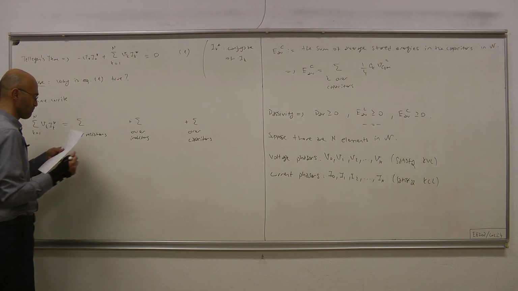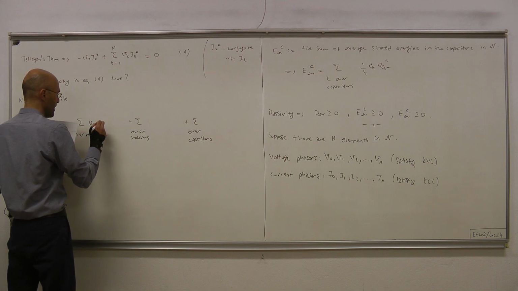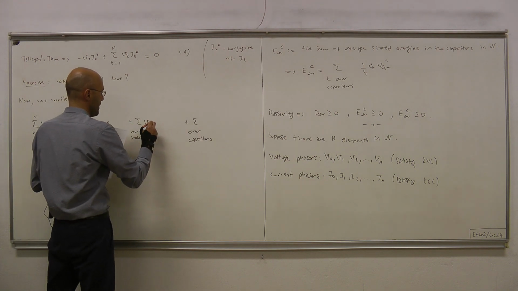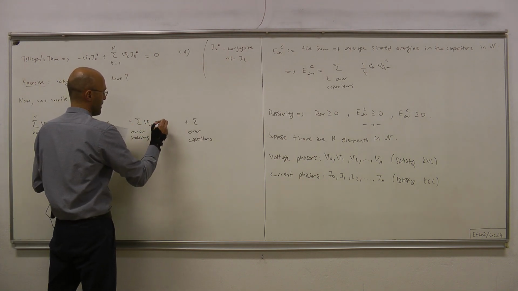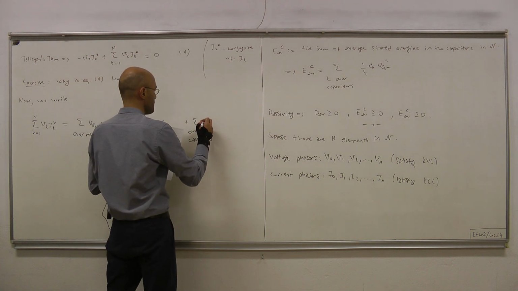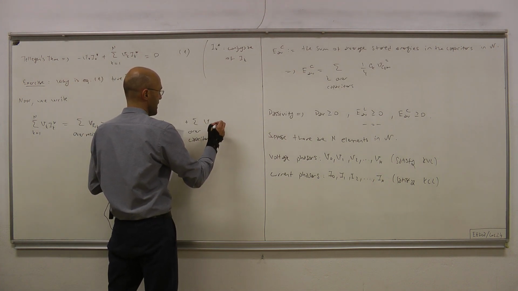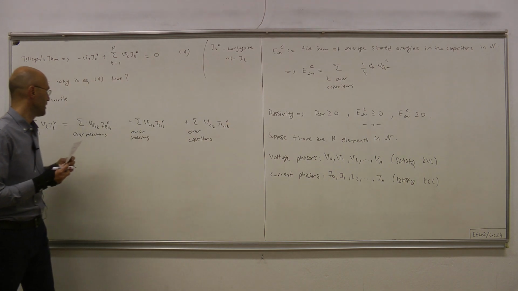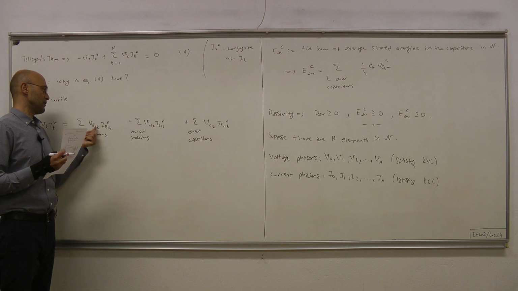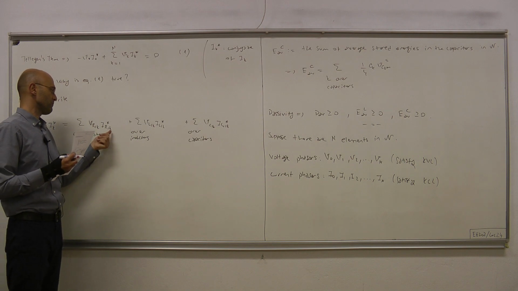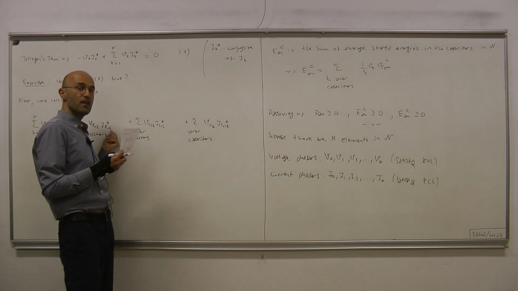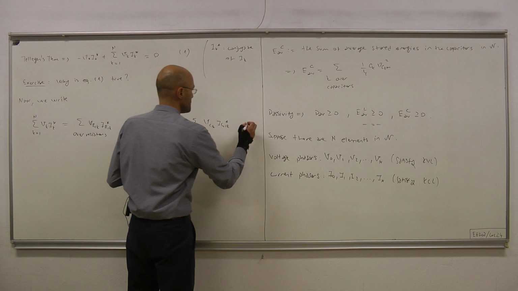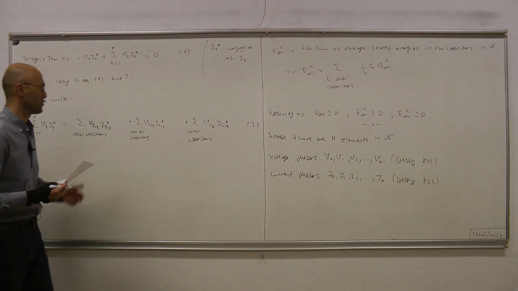Now we have VRk IRk star, VLk ILk star, and VCk ICk star. Okay, so this is the voltage of the kth resistor and the conjugate of the current of the kth resistor, and so on. So this is our equation 2.